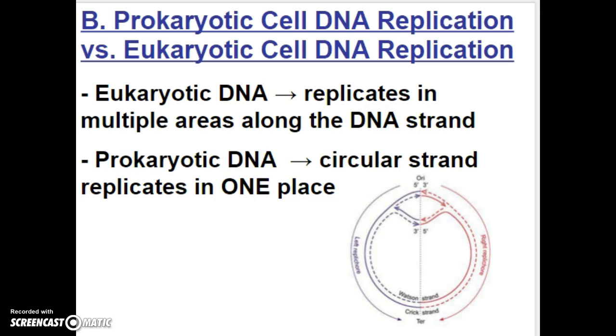It breaks the hydrogen bonds. RNA primase gives a primer or a start point so that DNA polymerase can come in and add bases. Once that's completed, DNA ligase winds the molecule back up and adds those hydrogen bonds to zip the double helix structure back into place.